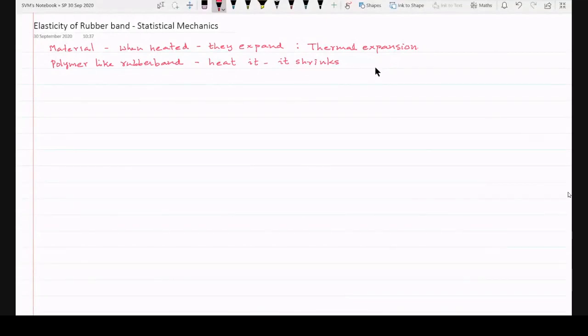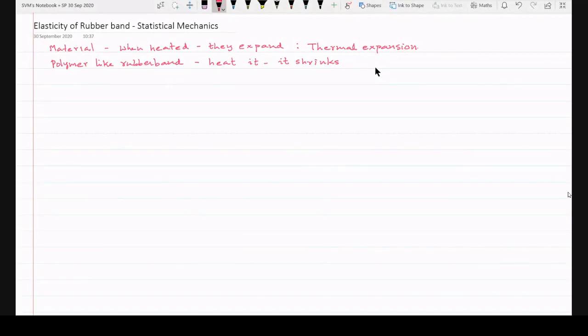Now we have to understand why this happens. Before that, of course, when I say heat it, I mean that you should not heat it till it becomes ash.